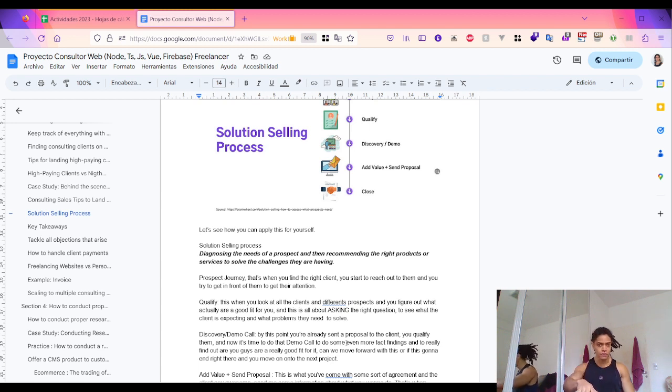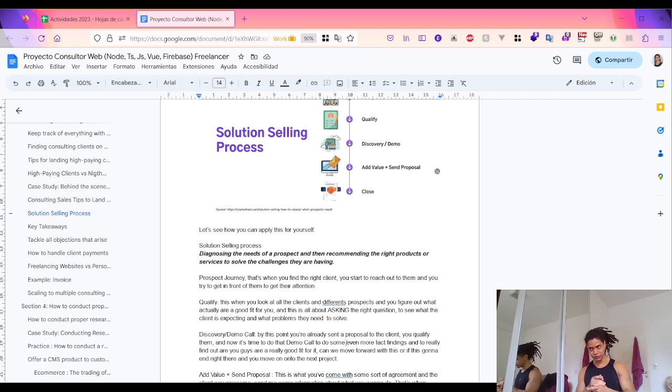Then you qualify them. This is when you look at all the different clients and prospects, figuring out who actually is a good fit. And this is all about asking the right questions to see what the client is expecting and what problems they need to solve.